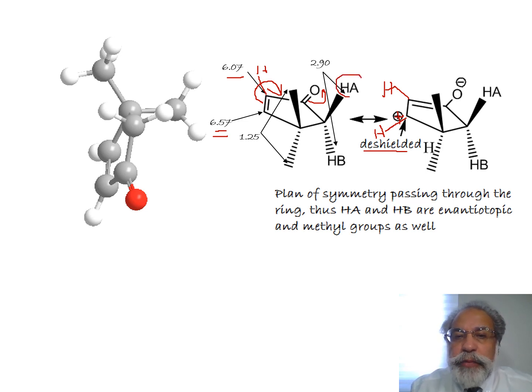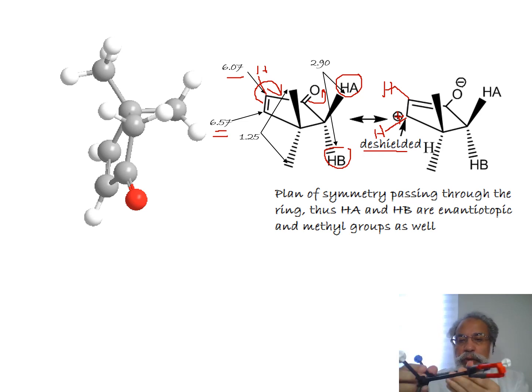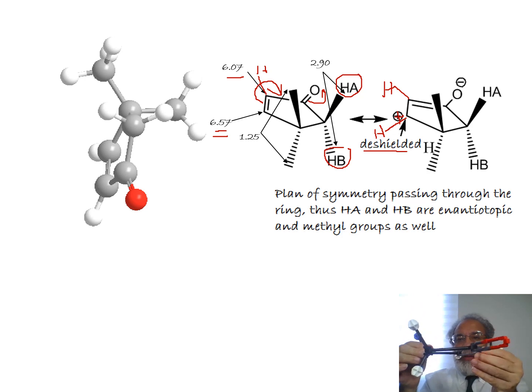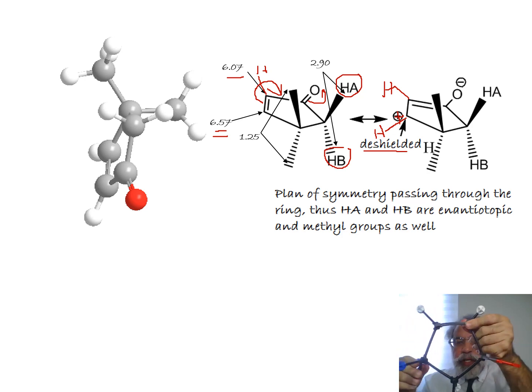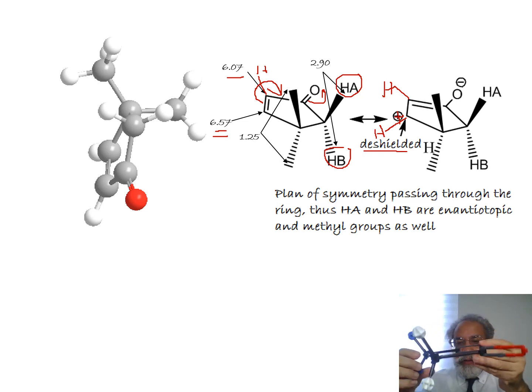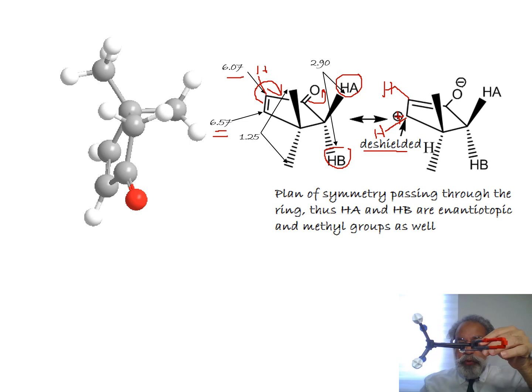What is the relation between these two hydrogens? They show up chemically equivalent. Looking at a molecular model here, you will find out that this ring is very close to being planar. And these two hydrogens are mirror images of one another.